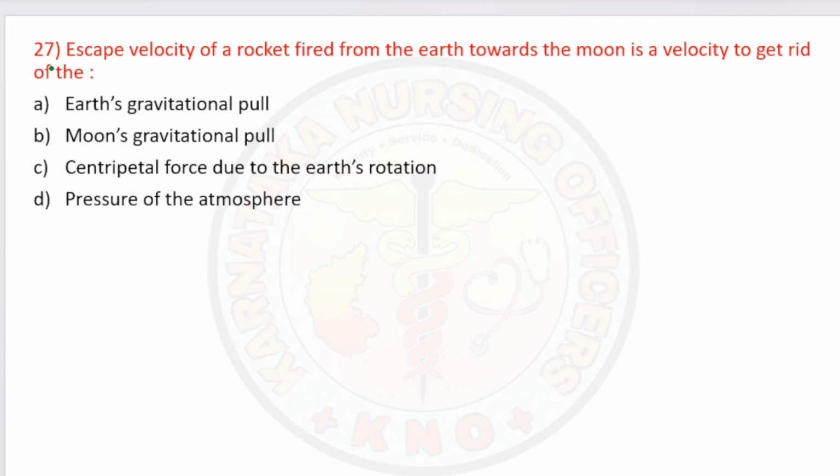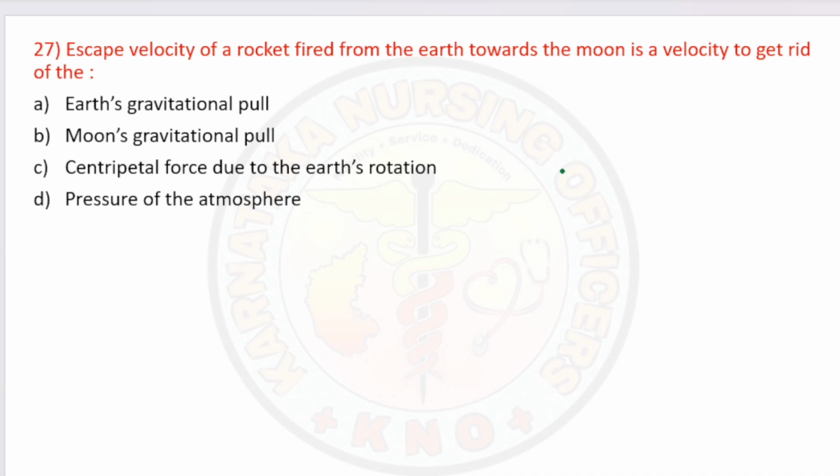So next question. Escape velocity of a rocket fired from the earth towards the moon is a velocity to get rid of the dash. Option A, Earth's gravitational pull, option B, moon's gravitational pull, option C, centripetal force due to the earth's rotation, and option D, pressure of the atmosphere.